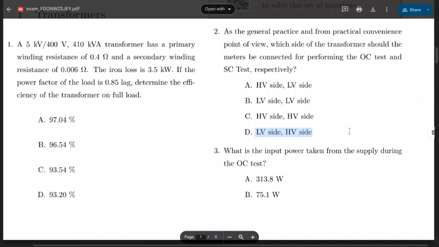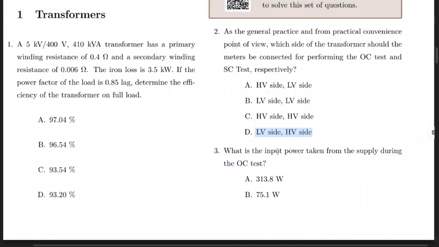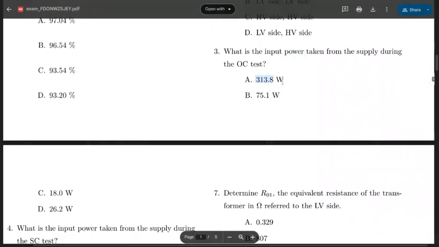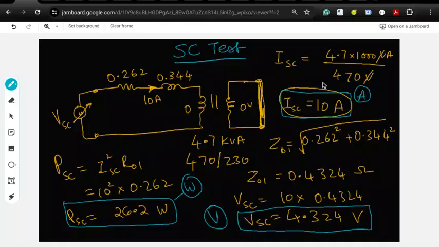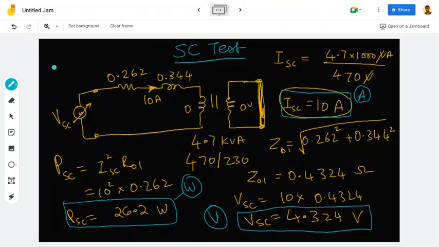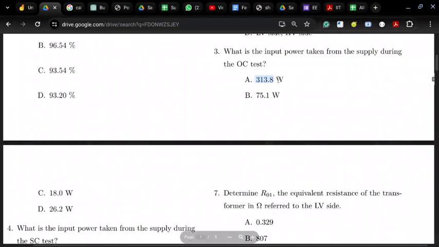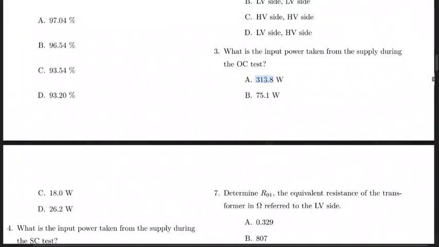This question we already answered; the choice is D. What is the input power taken from the supply during the OC test? I remember A should be the answer. If I go back to the previous slide, the OC test input power is 313.72, so 313.8 looks like the closest answer.